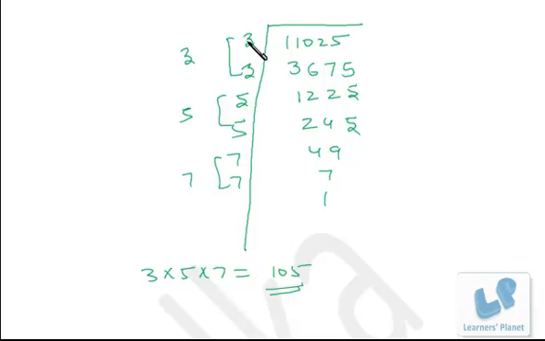What we do is we take one factor from each pair. Here from the pair of 3 we take one factor, from the pair of 5 one factor, from the pair of 7 one factor, and we multiply these three. So 3 into 5 into 7, that's 105. That is the square root of 11025. So this is the prime factorization method.